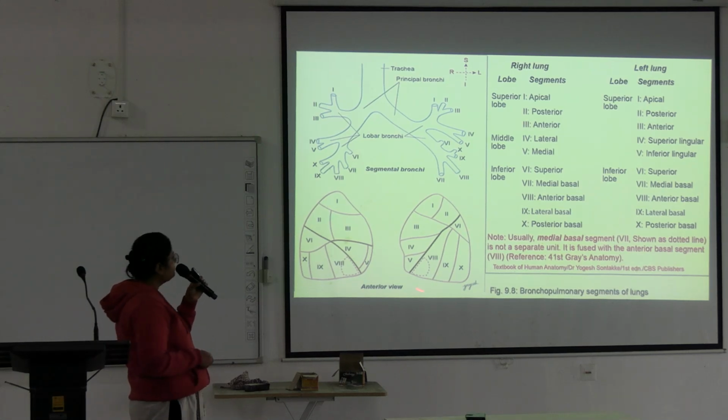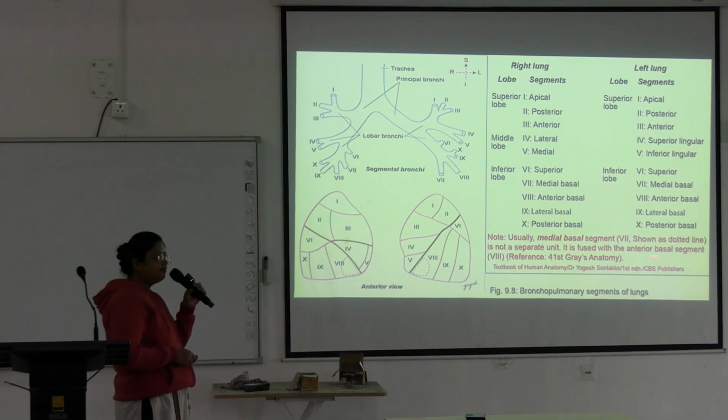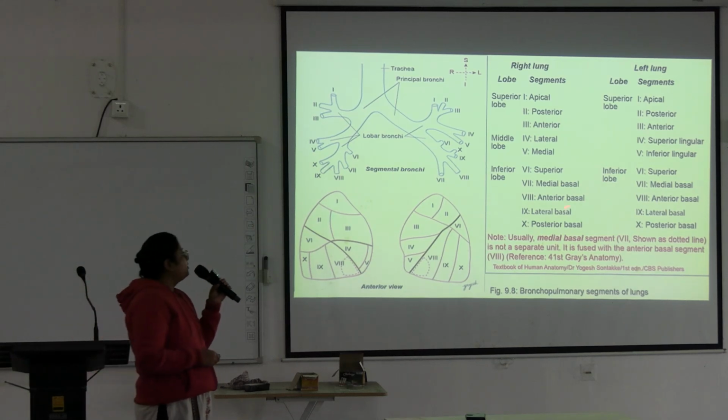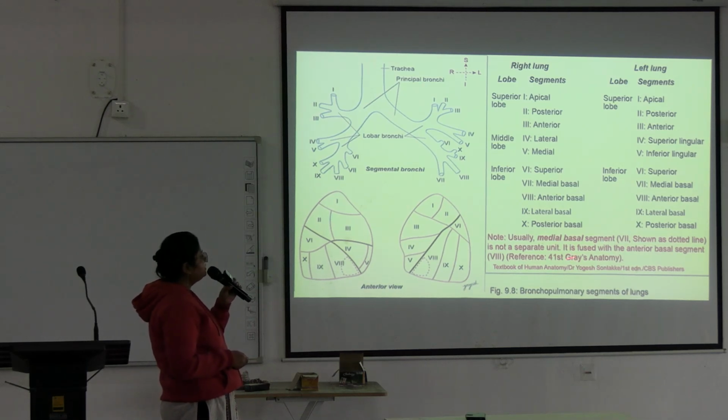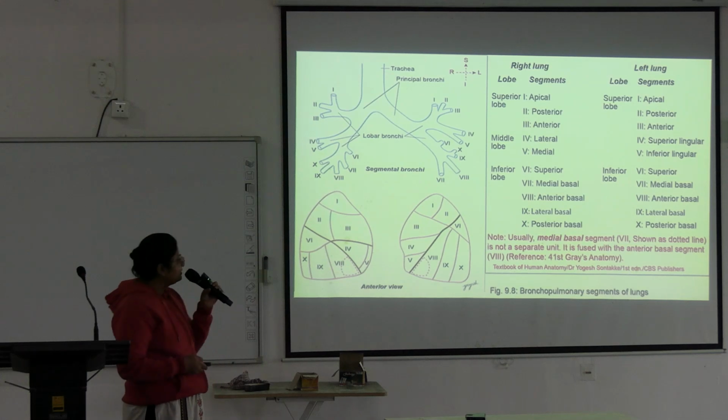Okay, so these are the 5 segments of the inferior lobe of the left lung. Usually this medial basal segment, that is 7th, shown as a dotted line, is not a separate unit; it is fused with the anterior basal segment, according to the 41st Gray's.